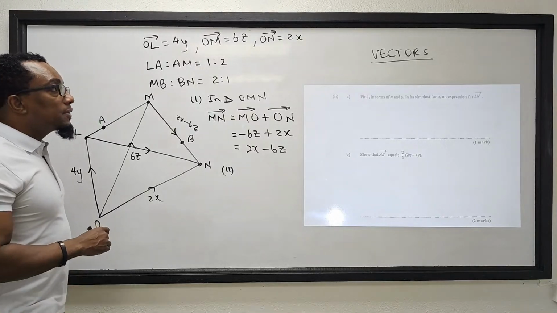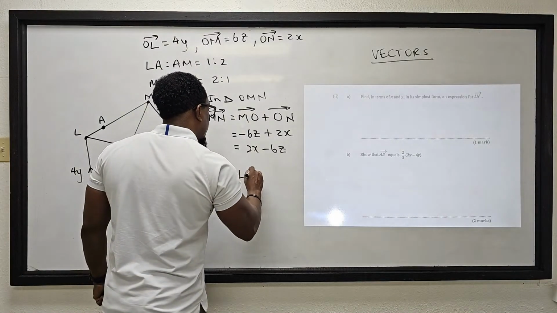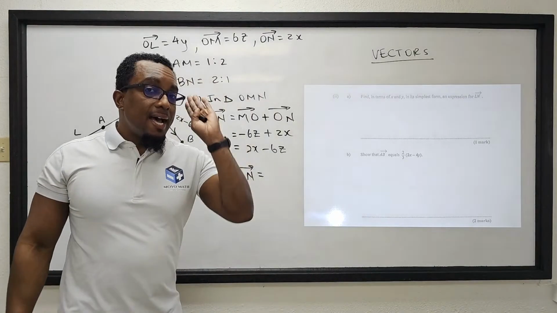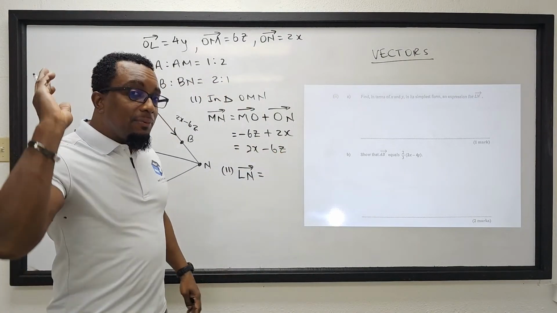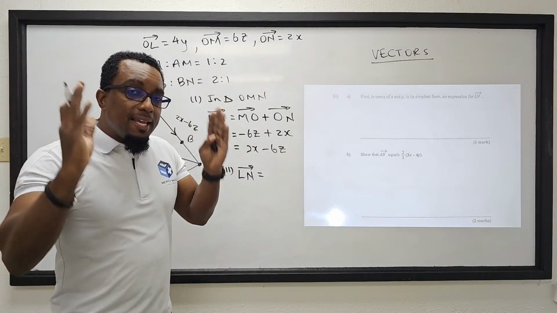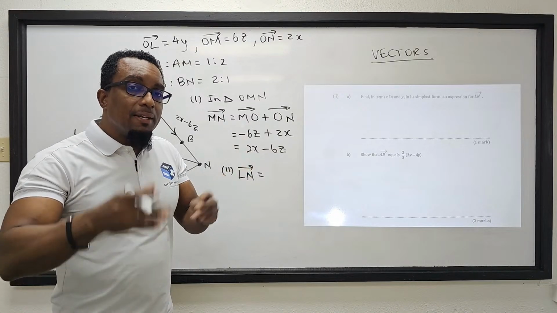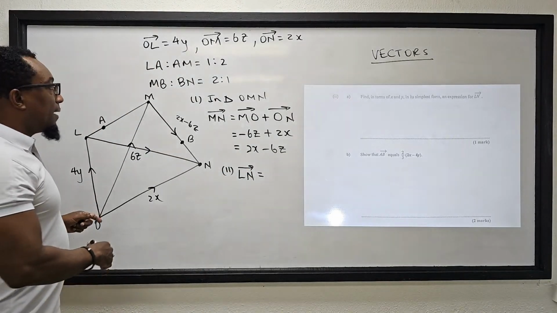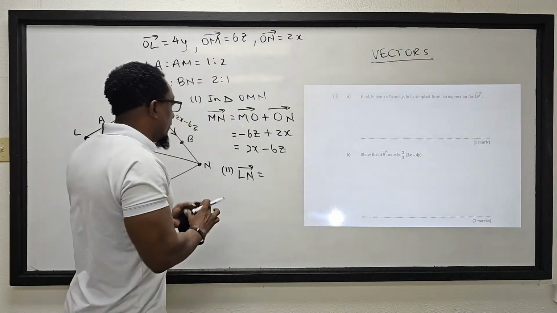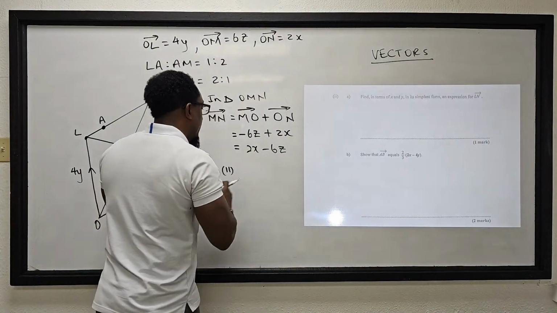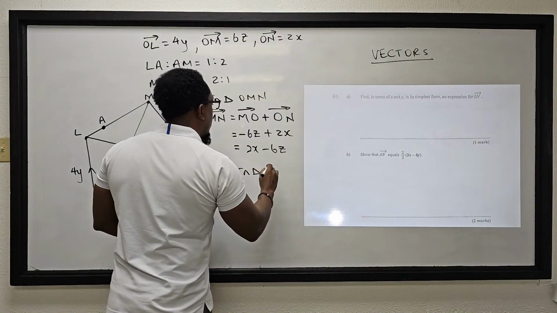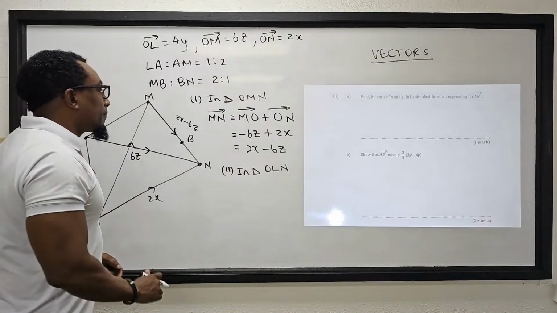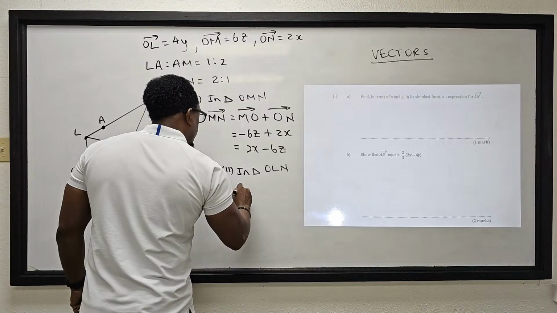So we want to determine LN. And how do we create our equation? We start with L, we end with N, and we make sure we have the same letters at the middle separated by an addition sign. On this triangle, let me name the triangle: in triangle OLN, so it's good to name the triangle, I want to find LN.